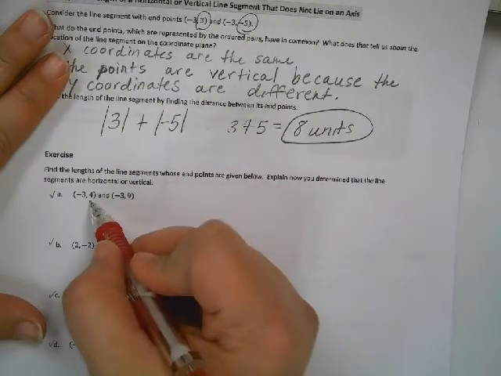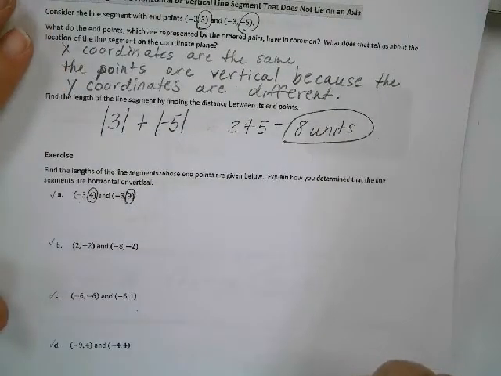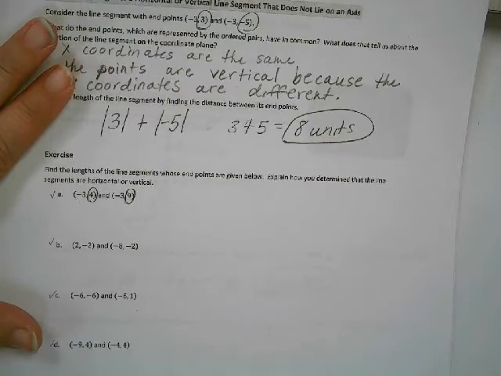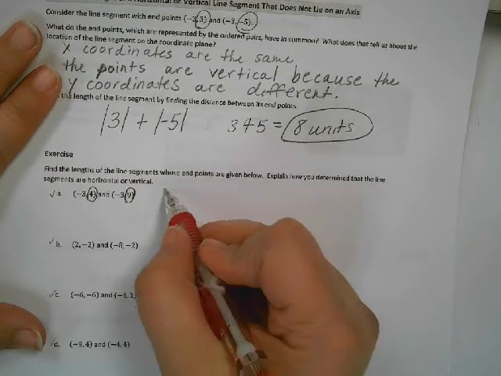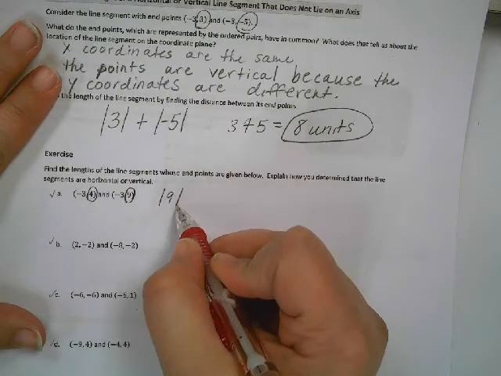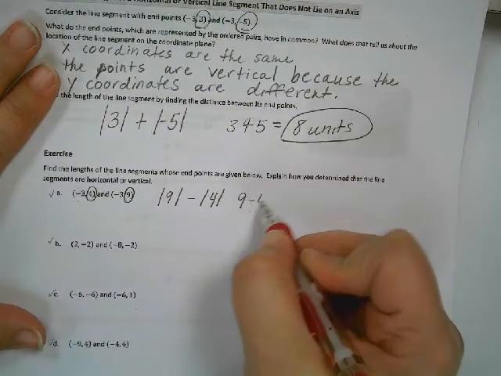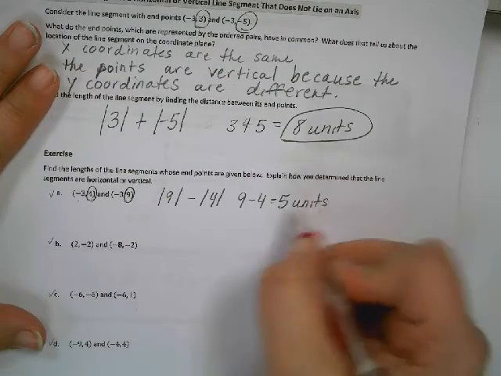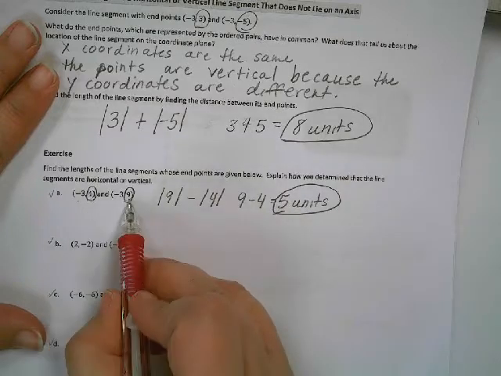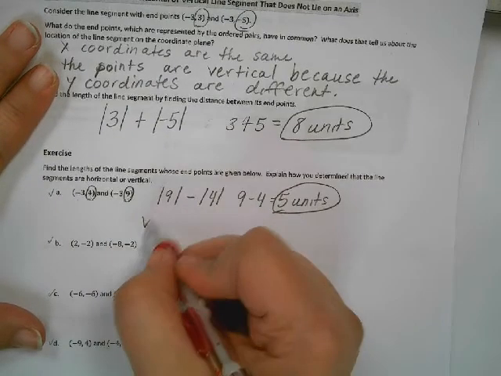I see that 4 and 9 are my different coordinates. Because they both share the same sign, I know I'm going to subtract. So the absolute value of 9 minus the absolute value of 4. So 9 minus 4 equals 5. So it's 5 units. And because my y coordinates are the coordinates I'm working with, it is vertical.